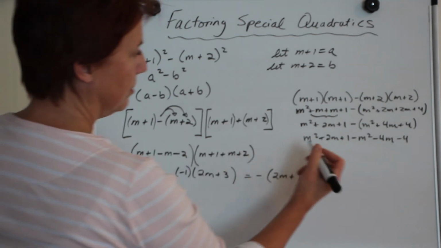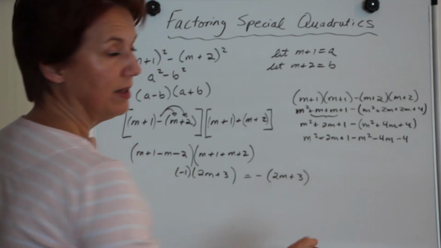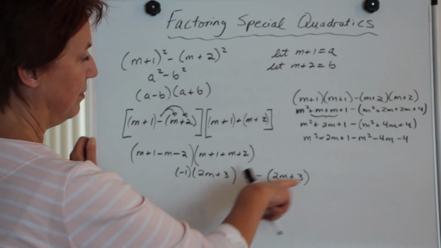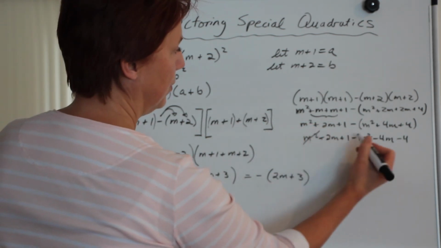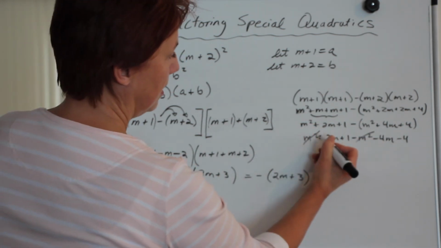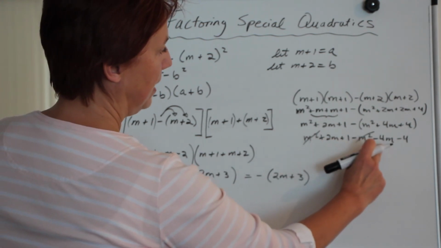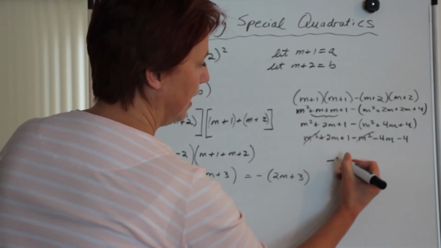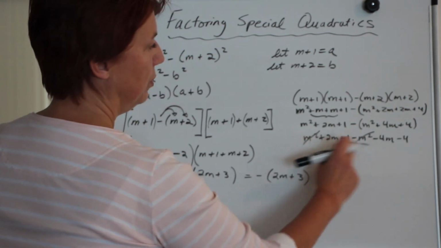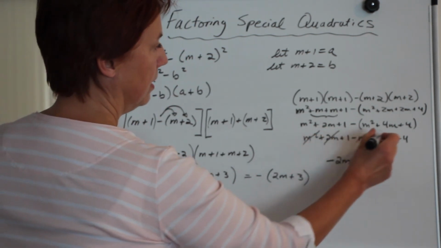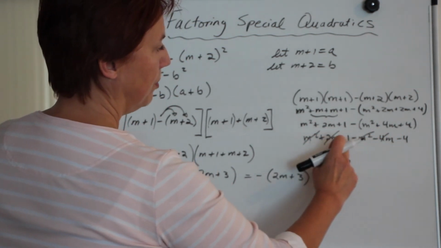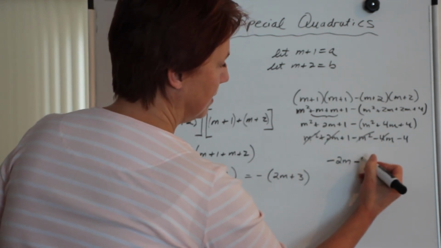Now my like terms, m squared minus m squared, that's why they're gone. See that we don't have a squared anymore. We've only got one m when we're done. Then I've got plus 2m here, minus 4m here, which gives us negative 2m. Okay, 2 minus 4 is negative 2. And here we get minus 4 plus 1 is minus 3.